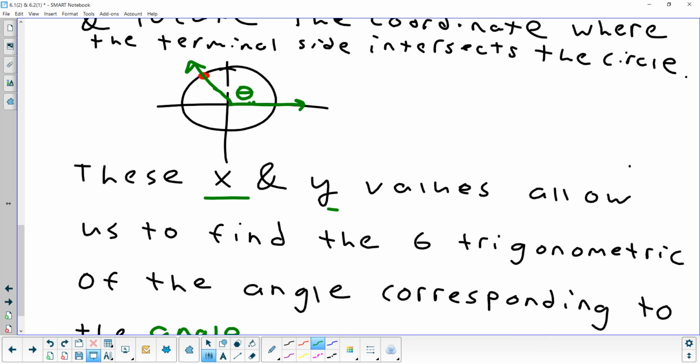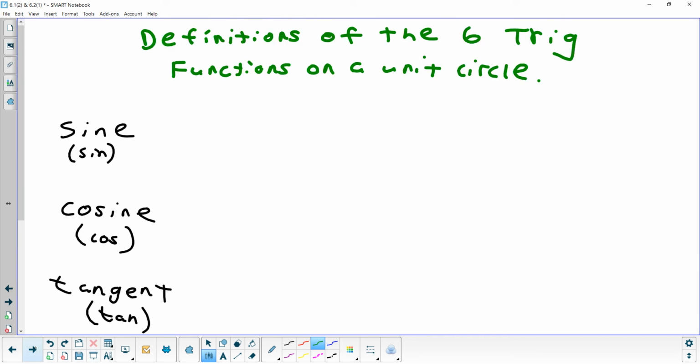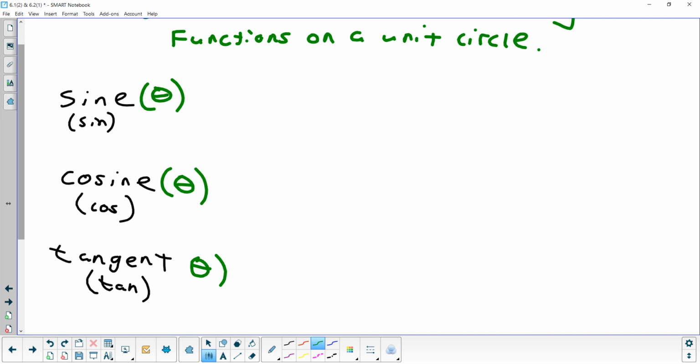So now what you can do is you can take that angle and you can plug it into one of these functions. You can plug it into the sine, you can plug it into the cosine, or you can plug it into the tangent. What I'm representing here is an argument.